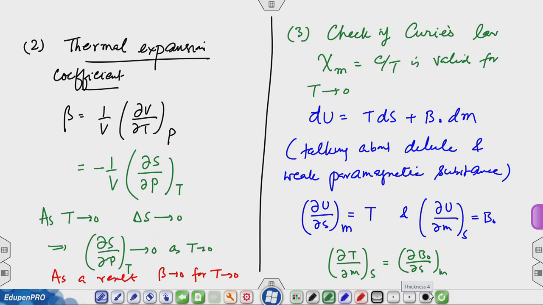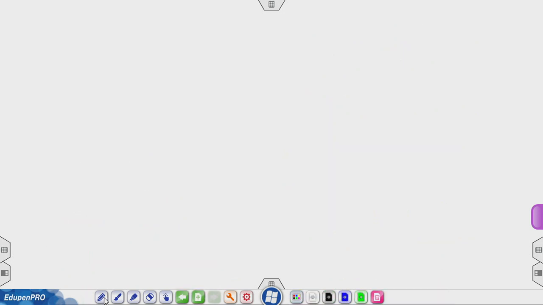So, this is no good for checking Curie's law, because there is an S down there.